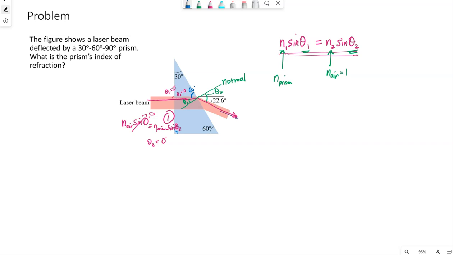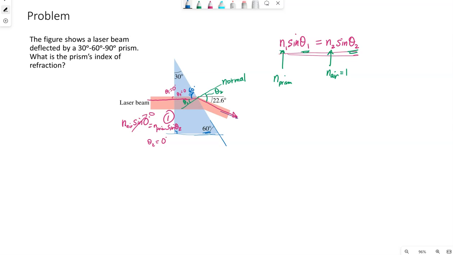Because that laser beam could essentially just represent the base of this prism. It's horizontal, just like the base of the prism is. So if the base of the prism on the right side makes an angle of 60 degrees with horizontal, then so does the side of the prism relative to horizontal up there.